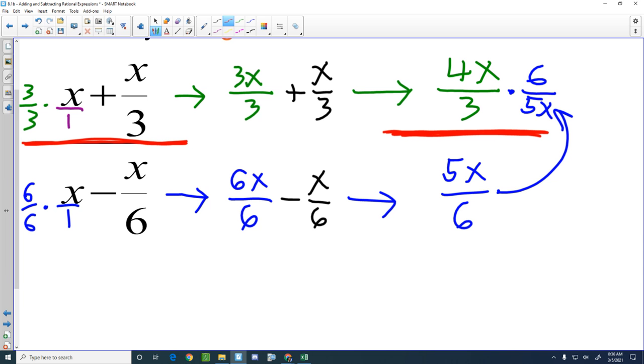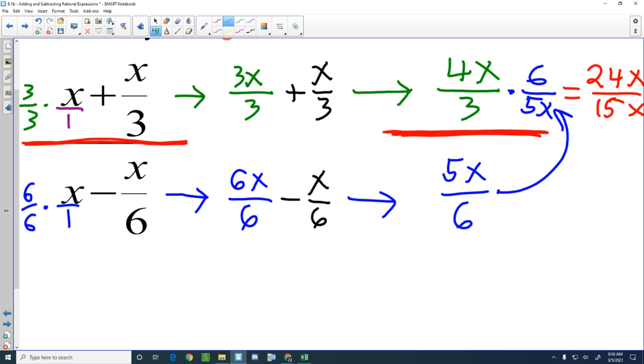And now you're just multiplying across the top. 4x times 6 is 24x. 3 times 5x is just 15x. Anything else I can do? Divide by 3 and an x, right?